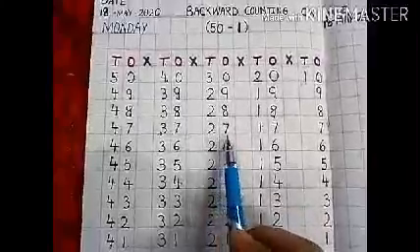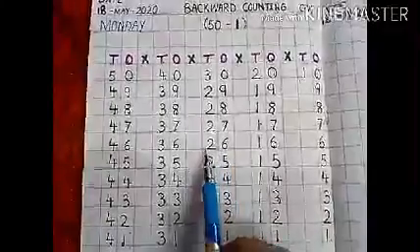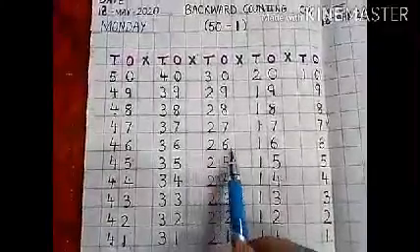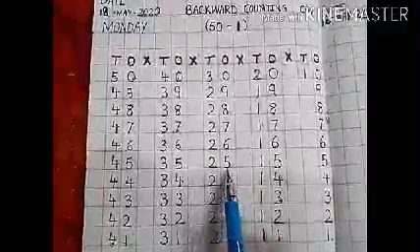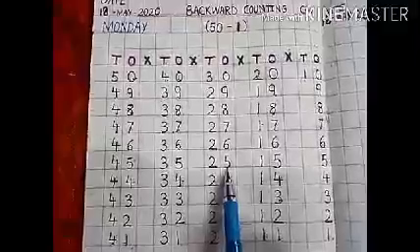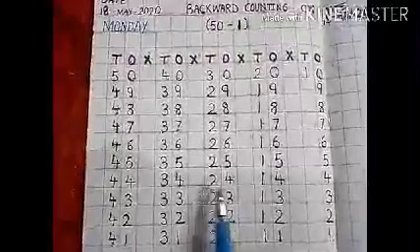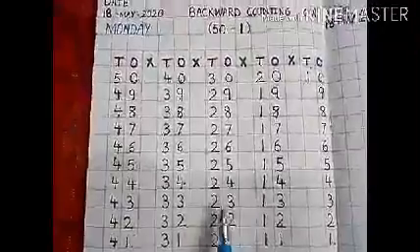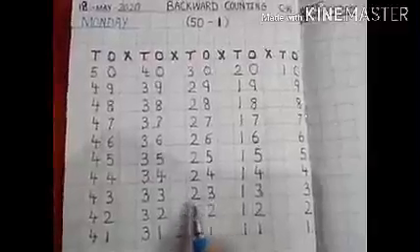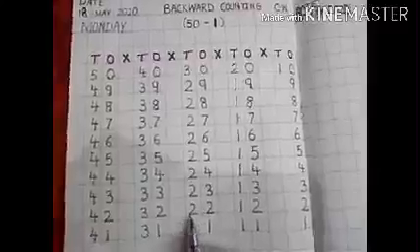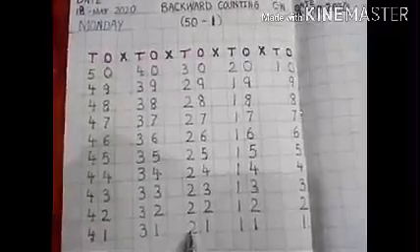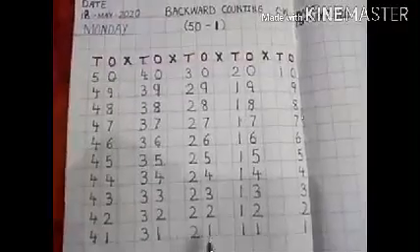Then 2, 7, 27. Then 2, 6, 26. Then 2, 5, 25. Then 2, 4, 24. Then 2, 3, 23. Then 2, 2, 22. Then 2, 1, 21.